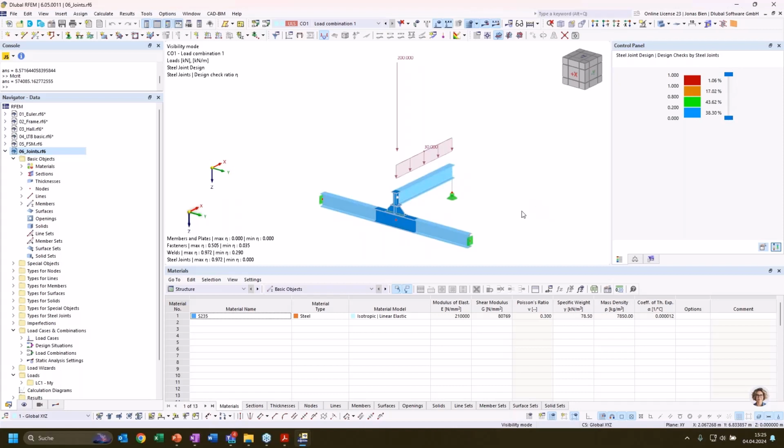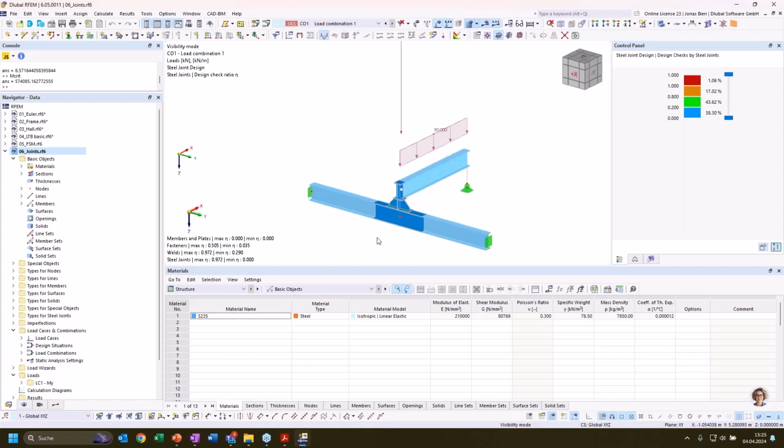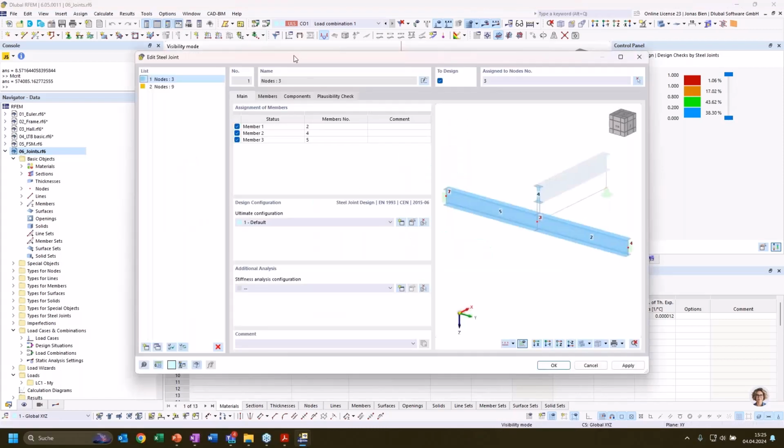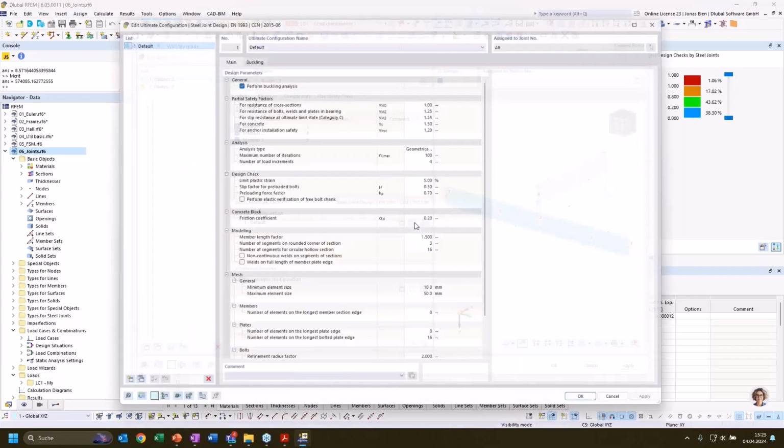To demonstrate this, I have a relatively easy model with a connection between a secondary member and a main member, and the secondary member is loaded. I can not only do the usual steel joints design checks, but I can also perform a buckling analysis. And I first want to show you where I can activate it.